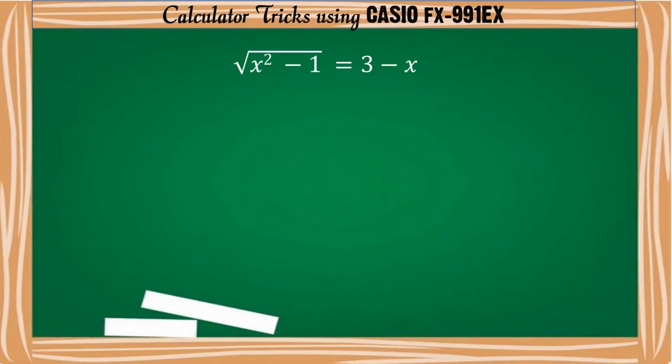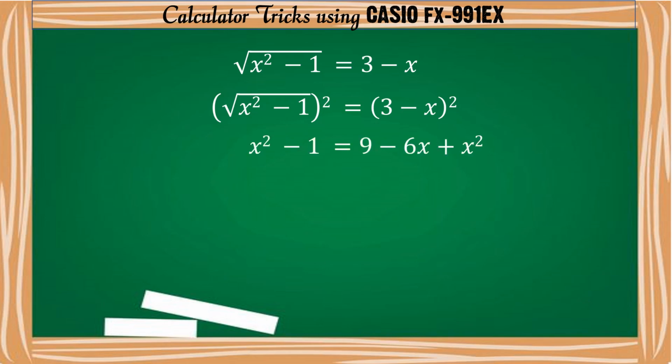So this is our last equation. To remove the radical sign, we square both sides of the equation. Simplify, the answer will be x squared minus 1 equals the square of the binomial sa right side, which is 9 minus 6x plus x squared.